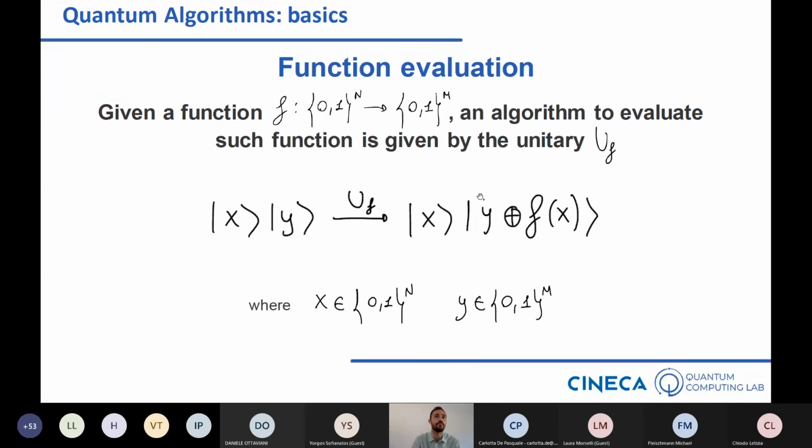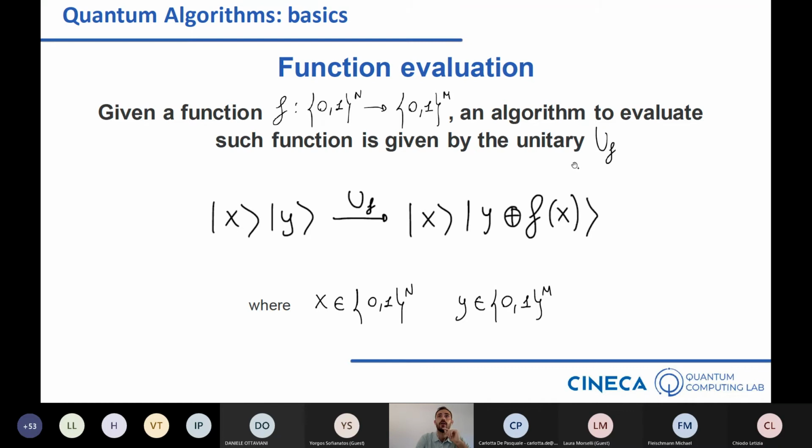So write me in the chat if you are with me. Okay, this is a definition, basically.